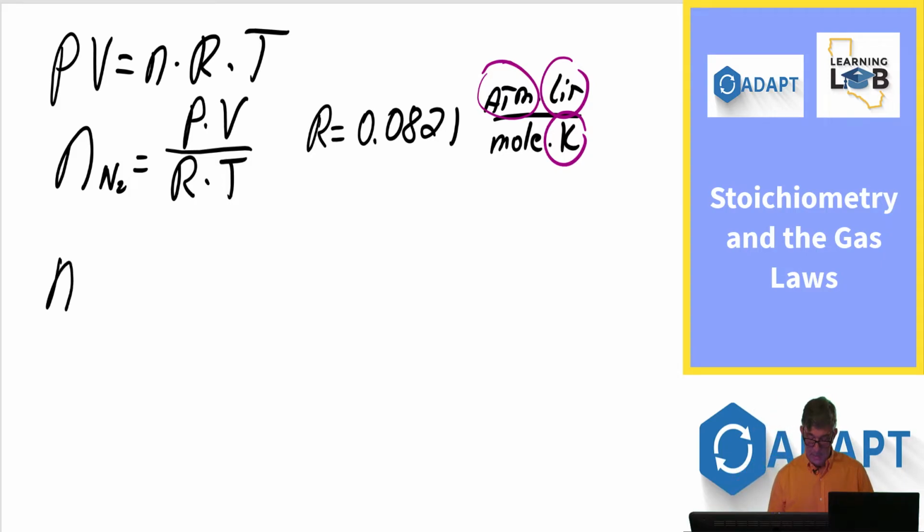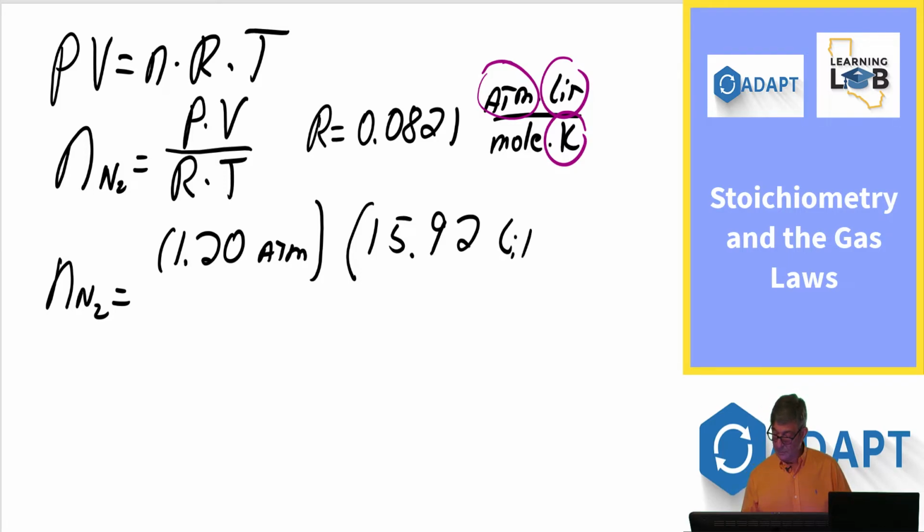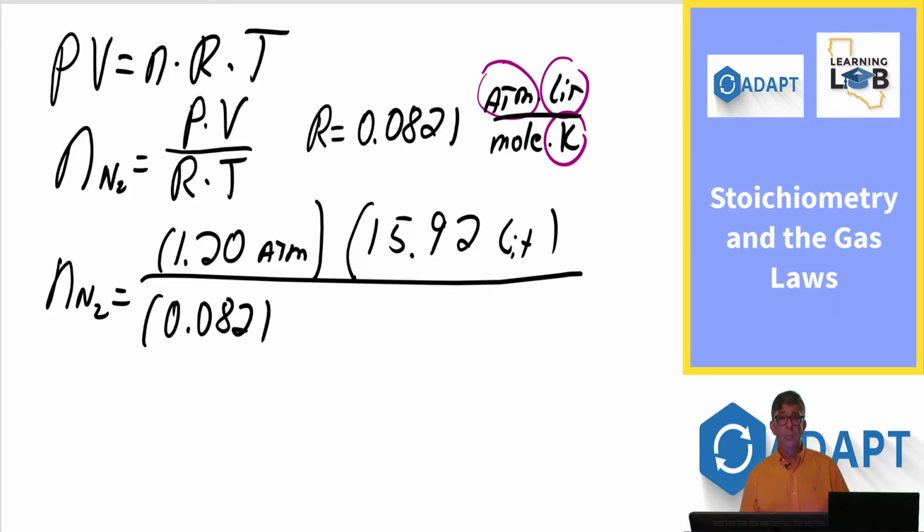So we're going to say n, the moles of nitrogen. The pressure was in atmospheres, so we can use the 1.2. What's always nice is to write down the units and then track the unit cancellation at the end to be sure that we performed everything in the correct units. The volume must be in liters, and it was given in liters at 15.92, divided by our R constant, 0.0821 atmospheres liters per mole Kelvin, and our temperature has to be in Kelvin.